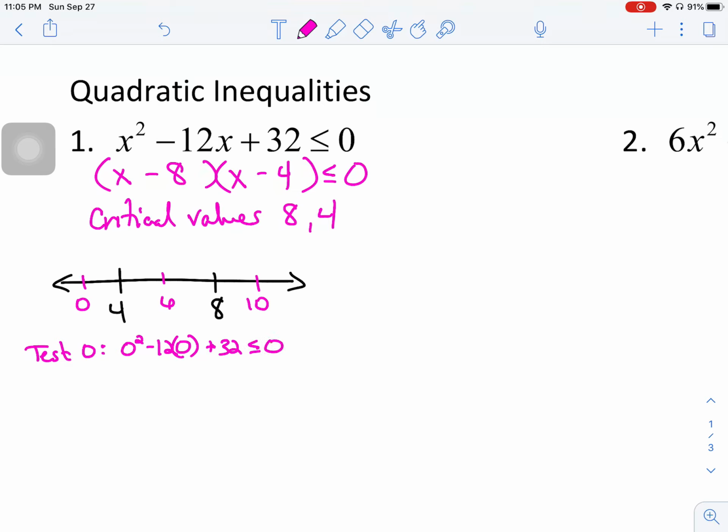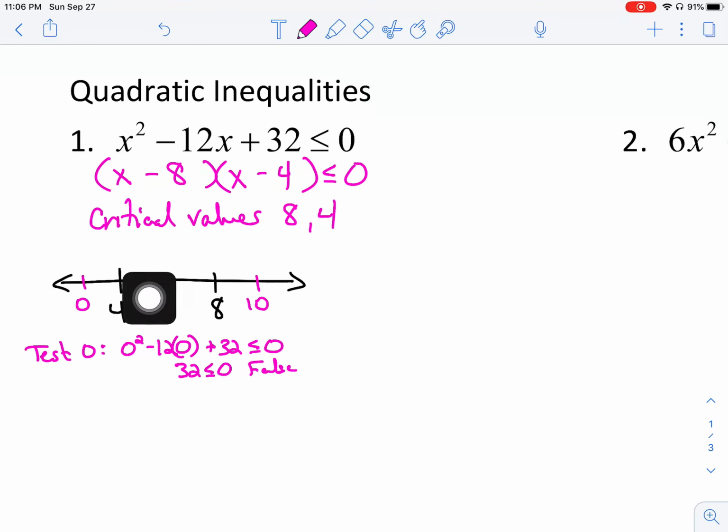Well, that's going to turn into 32 is less than or equal to 0. That is a false statement. So what that tells me is this entire interval, all the numbers less than 4, don't work. By testing this one value, you're actually testing the whole interval.